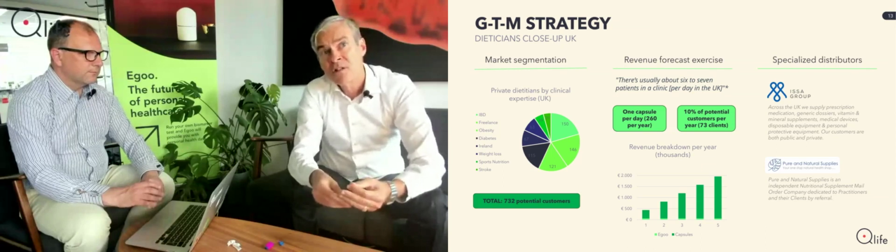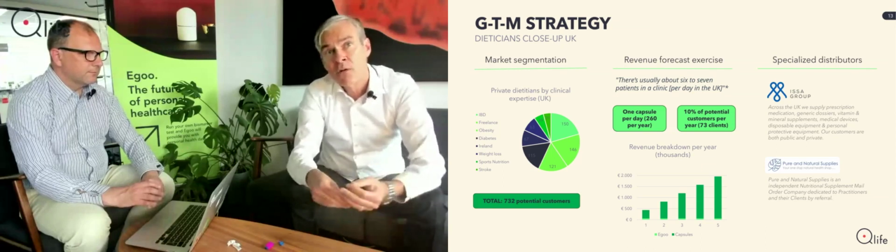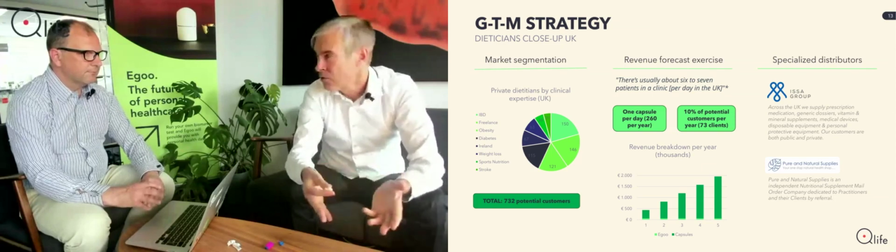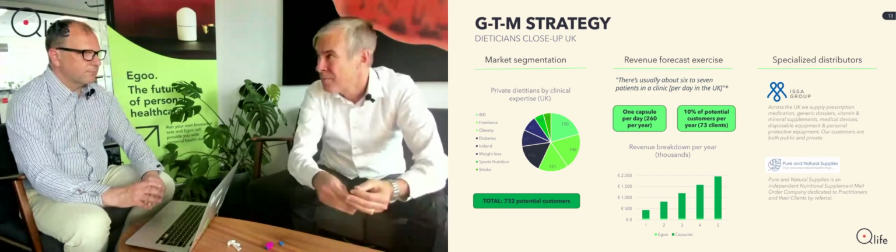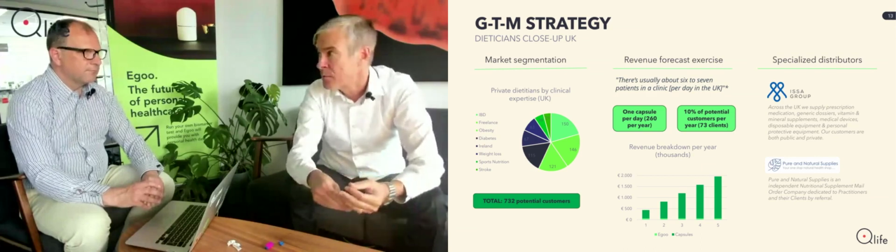These health practitioners, we narrow it in, there's around 700 in the UK alone, which is very relevant. Of course, there's a lot more, but these 700 would definitely benefit from being able to offer a CRP test.